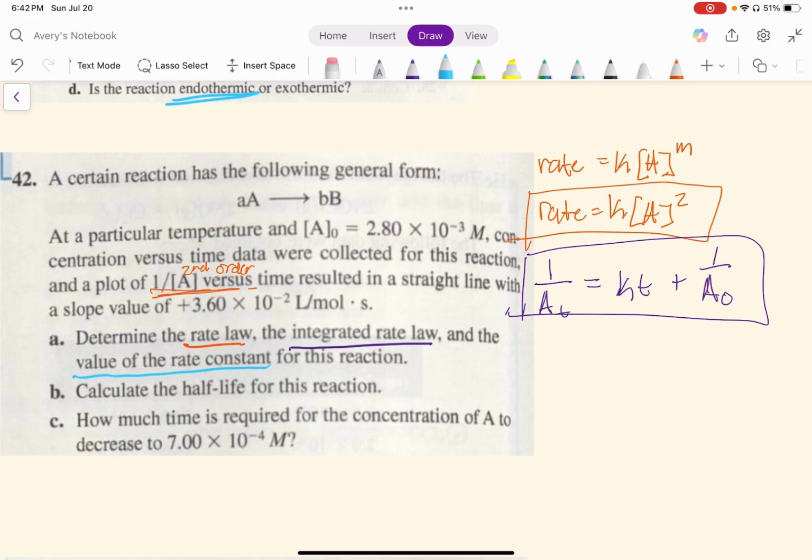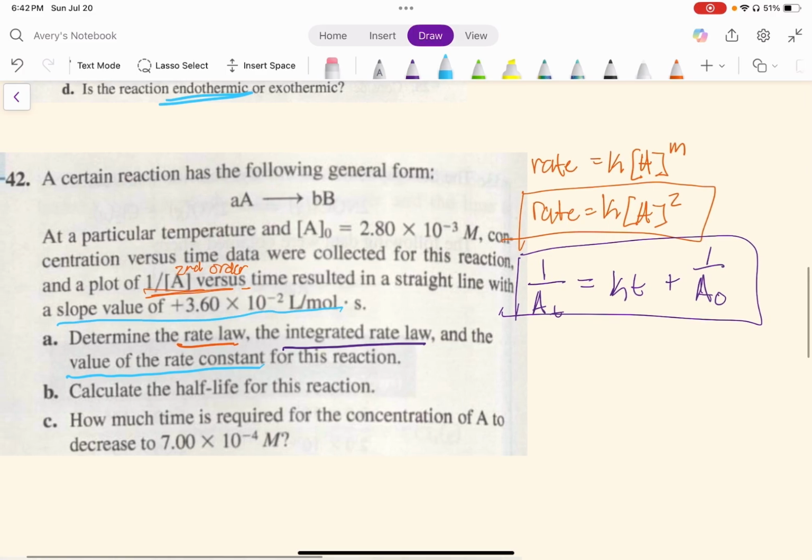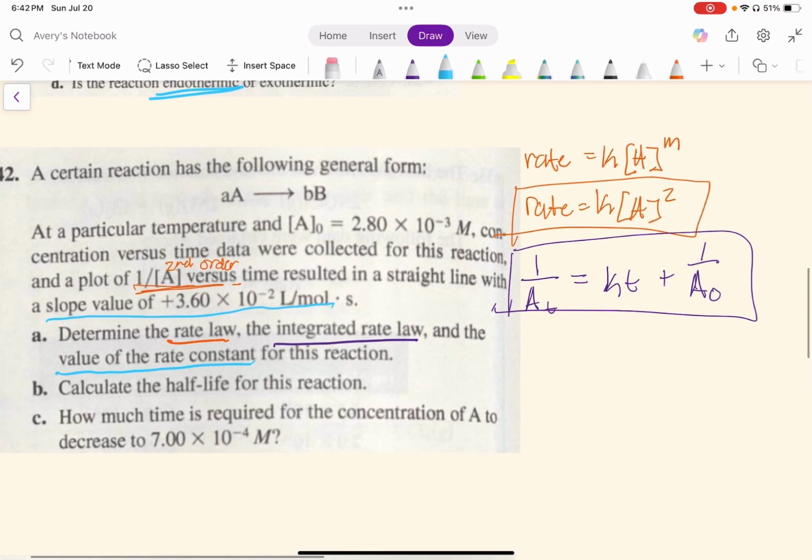In the word problem, we are given the value of the slope of the straight line, which is super important because all these integrated rate law equations, no matter what order they're for, are a more complex version of y equals mx plus b.